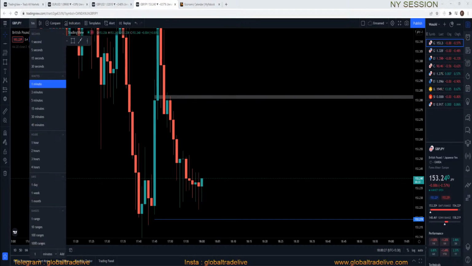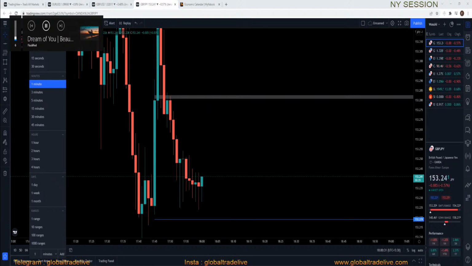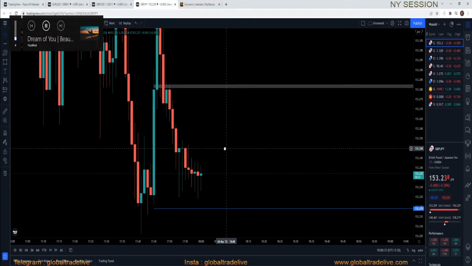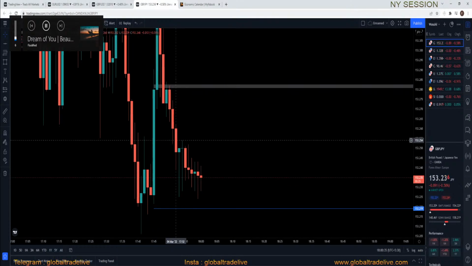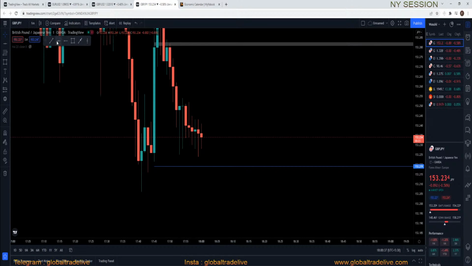So the 30-minute candle also closed over here, and it closed nicely. So basically this is a POI over here as well. So if we get a candle breaking the low, then I'm gonna take the trade.